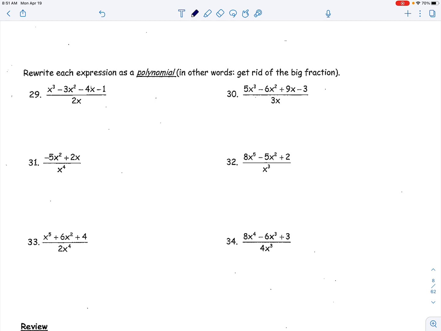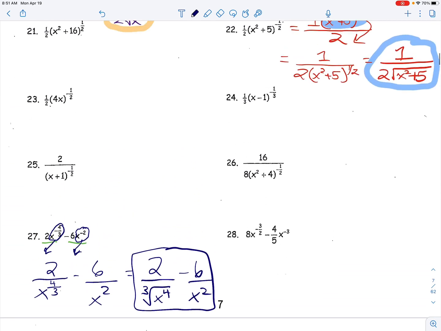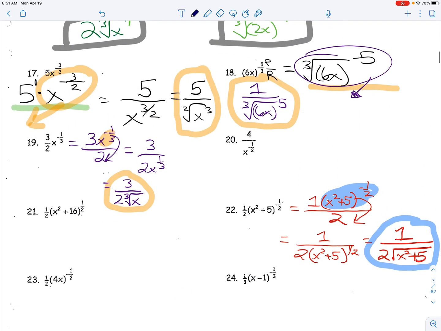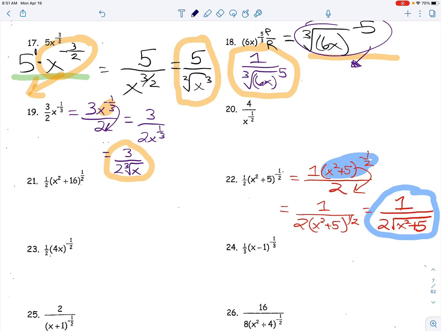All right, so this is kind of the reverse of what I was talking about with the x over 2, or 1/2 x, right? Remember when I was like, 1/2 times x, I said it was x over 2.